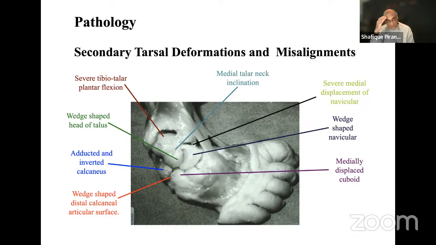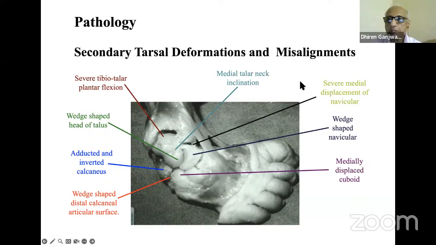And indeed, when we go back and look at some of the teachings by others, they advocated pronating the forefoot as part of the treatment, because that seemed to be the appropriate thing to do. So the answer to the question is, are we aggravating the deformity by supinating the forefoot? No, you're actually correcting the deformity by supinating the forefoot, because you're bringing the front of the foot in line with the back of the foot.